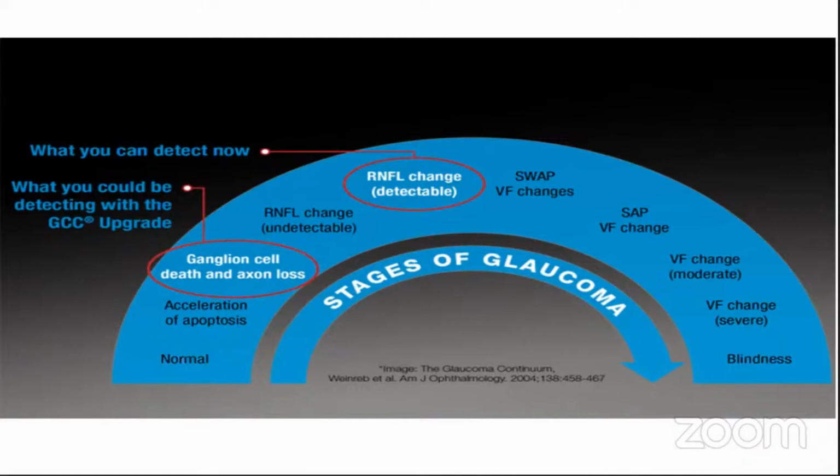It is seen in the macular area around 3 millimeters to 6 millimeters, and after that it is seen in the retinal nerve fiber layer. So there is a stage. Some interested candidates might ask what the duration is between the ganglion cell complex change and the retinal fiber layer change. It depends upon the severity of the glaucoma. Maybe we can study that in other studies, but basically it depends on how severe and pathogenic the glaucoma is.